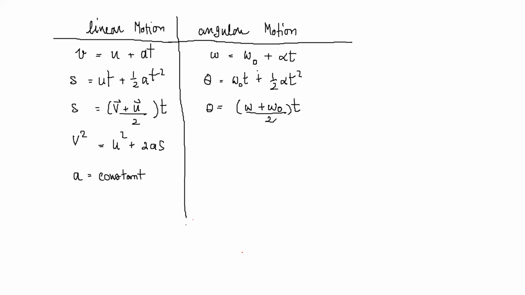Then we have omega squared equal to omega 0 squared plus 2 alpha theta.